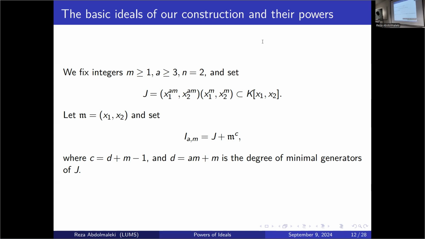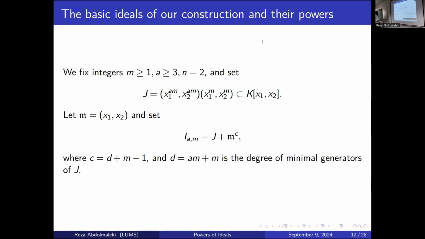For that fixed a and m, we denote this ideal by I_{a,m}, which is J plus m to the power c. And what is c? c is d plus m minus 1, and d is the degree of the generators of J. So the degree of generators is a plus m, we call it d, and our c is d plus m minus 1.